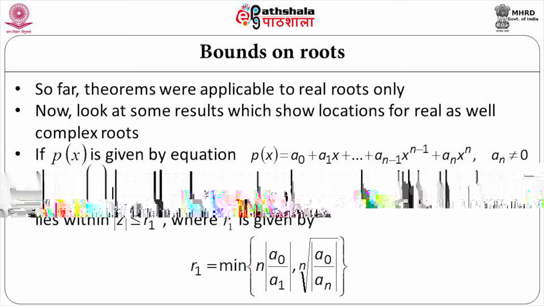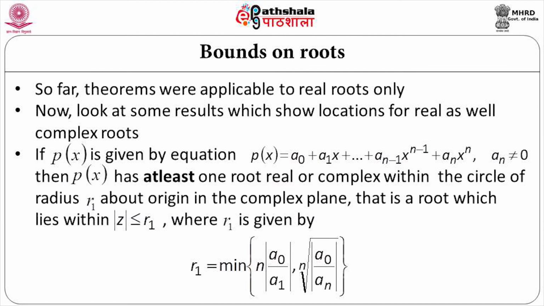This circle is about the origin in the complex plane, and the radius r1 is given by the minimum of two numbers. The first number is the absolute value of a0 by a1, multiplied by the degree of the polynomial n. The second number is the nth root of the absolute value of a0 by an. The minimum of these two numbers is r1.